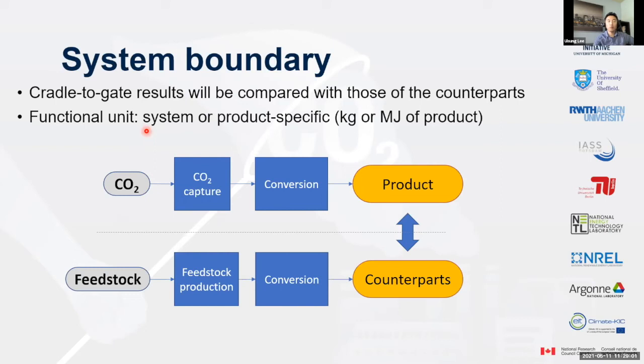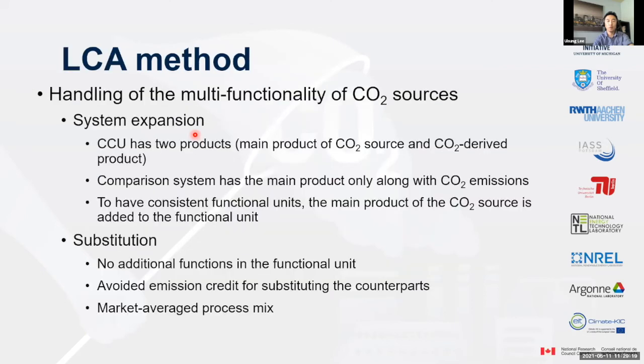Also, we may have the product-specific results. I'm going to talk about how we are going to handle the multifunctionality. If we want to generate the kilogram or megajoule of product results, product-specific results, we can compare the results with its counterparts. So I just mentioned the handling of the multifunctionality of the CO2 sources. Mainly we are going to use system expansion as recommended by the document. As Kim mentioned this morning, we have the comparison system.